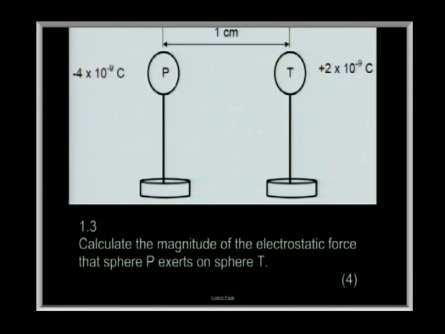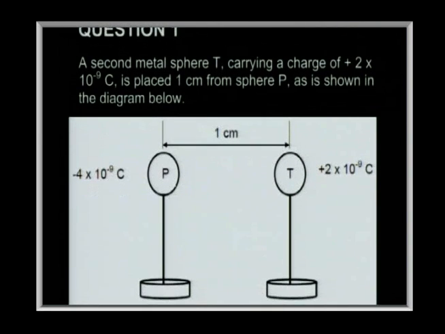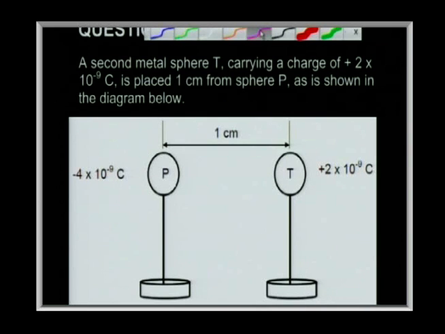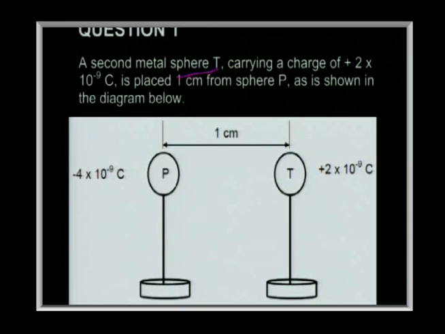1.3 says calculate the magnitude. The diagram has changed slightly. Notice what it says: a second sphere, T. Second sphere carrying a charge of plus 2 times 10 to the minus 9 coulombs is placed 1 centimeter from P. So there's the distance, we can call that R. Notice it's not an SI unit, so we must change it to SI units straight away.